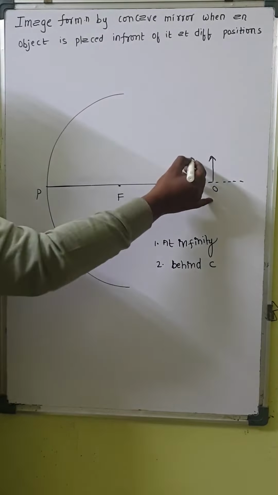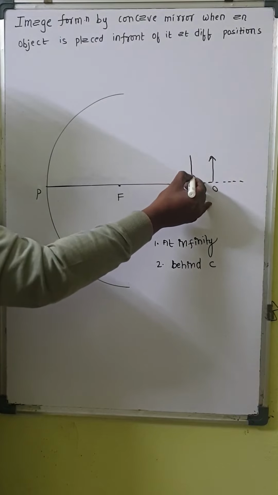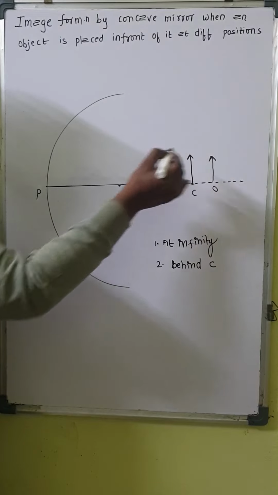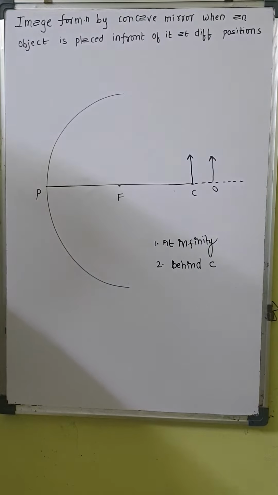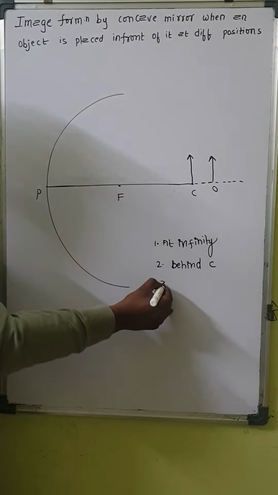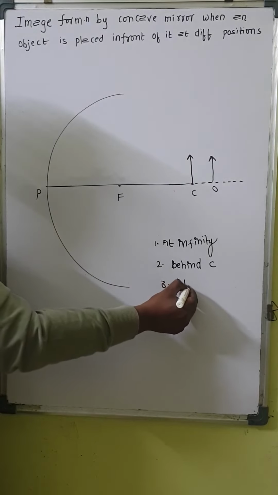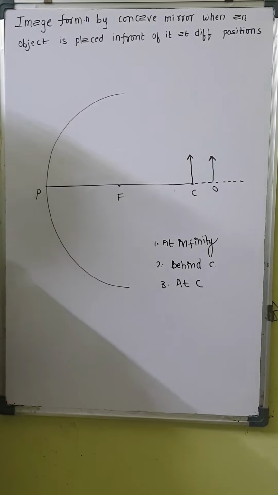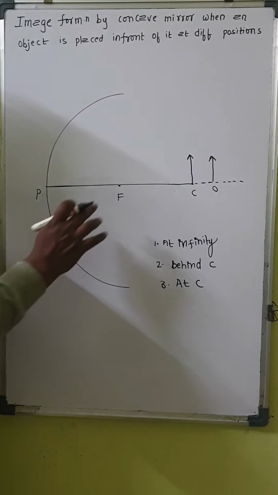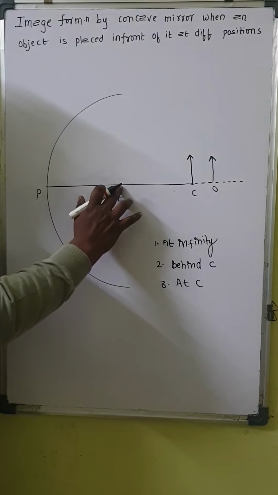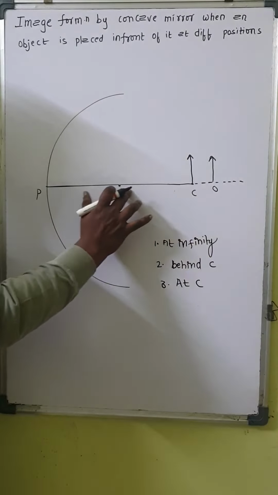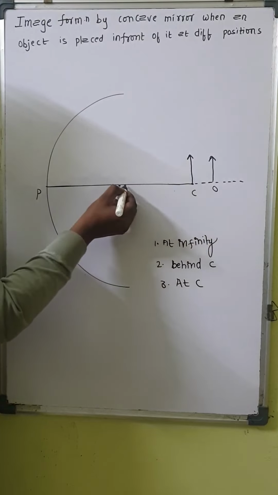Third position, the object can be placed exactly at the center of curvature. This position is called object at C. Now, the fourth position is when the object is placed anywhere between focus and center of curvature. It can be placed here, here or here, anywhere.